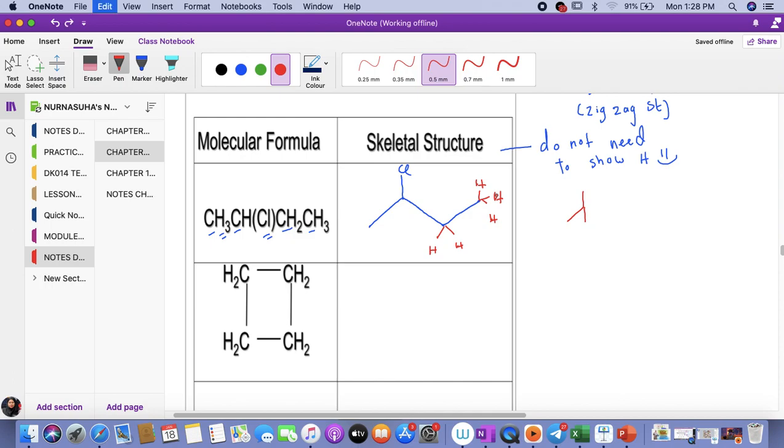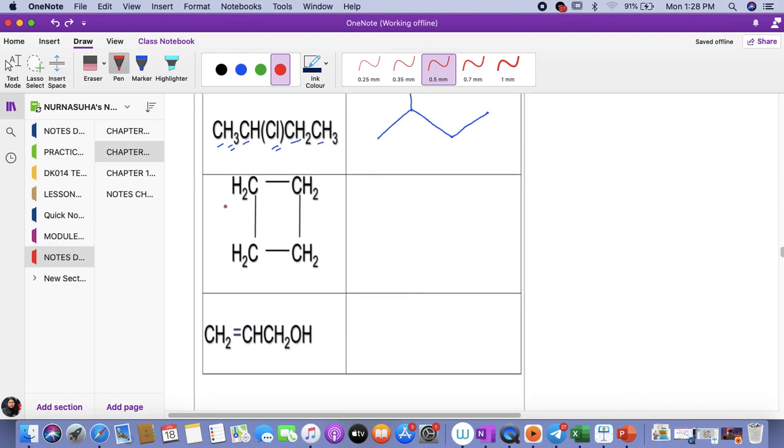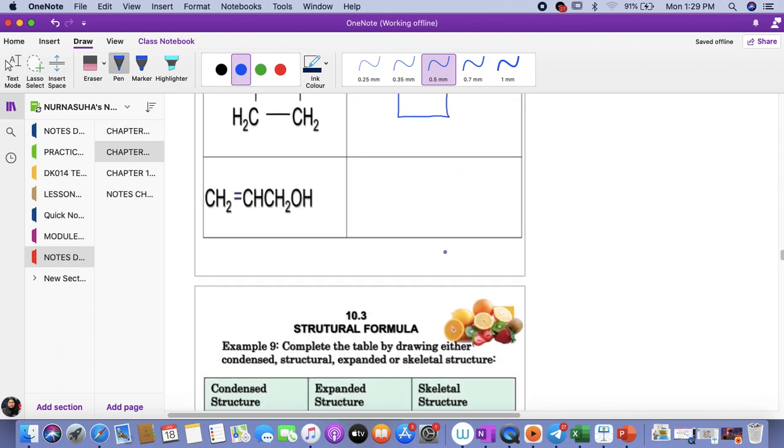So, now we will hide the hydrogen. So, no need to write the hydrogen. So, leave it as it is. Okay, so now for the second structure, kita tengok pun kita tahu dia segi 4. Cyclobutane. Okay, settle.